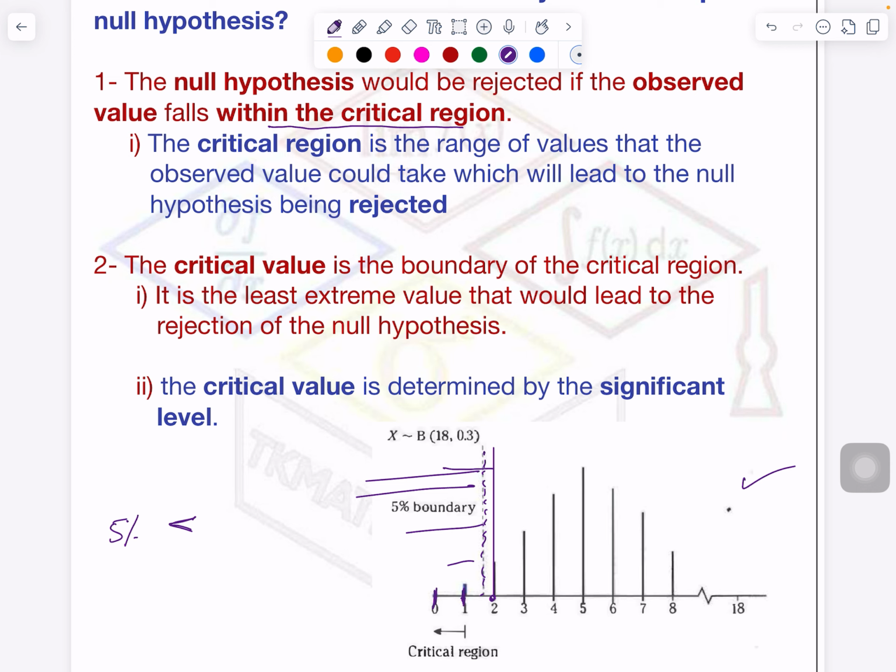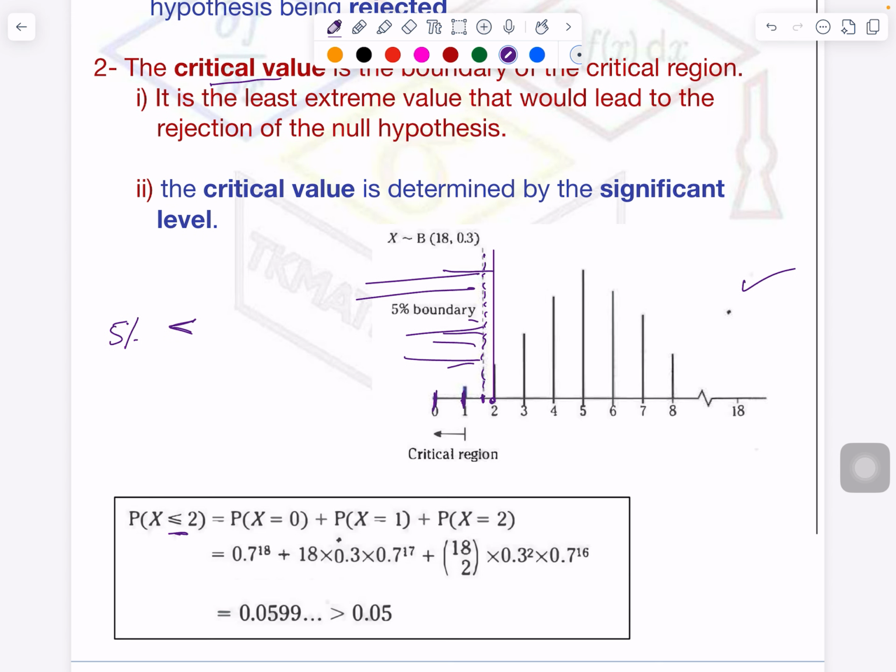In case of hypothesis testing for binomial and Poisson populations, the least value which falls within the critical region is considered as the critical value. And this whole area is called the region, right? So many values can come here. So I can say at this point, x less than or equal to 2 is not a critical value.